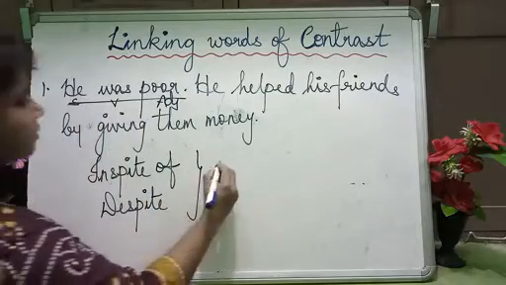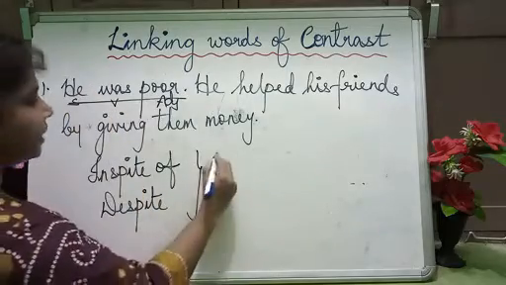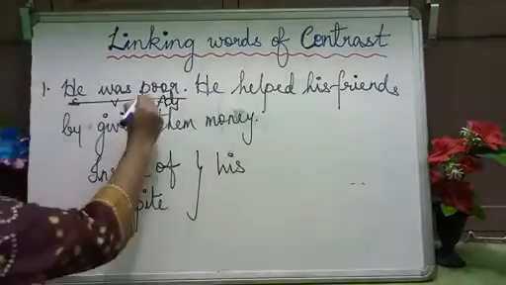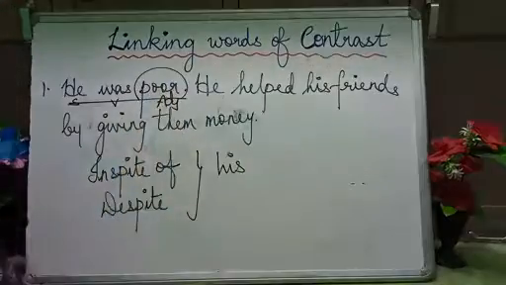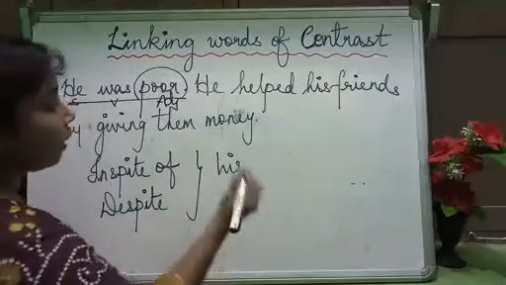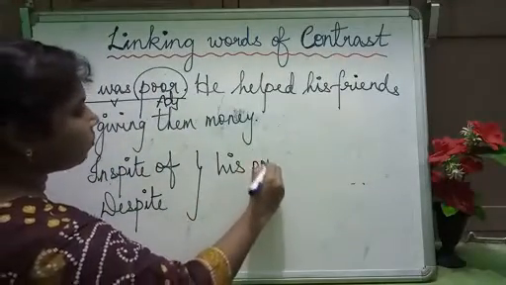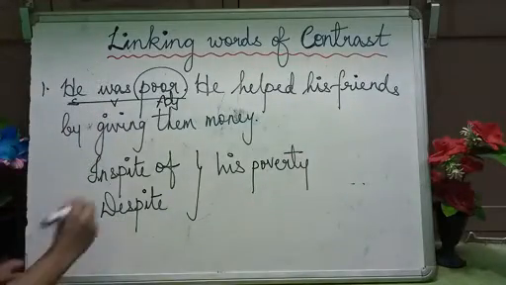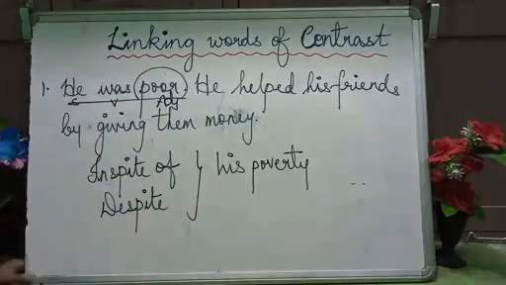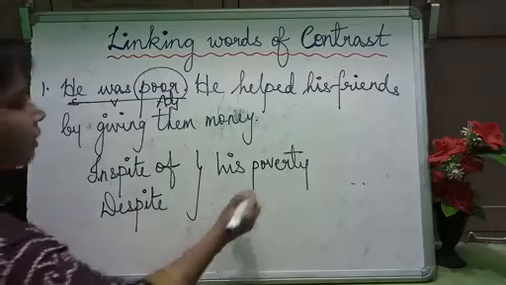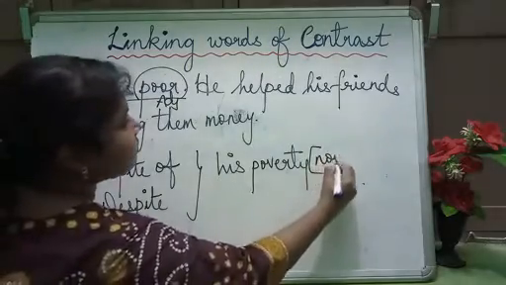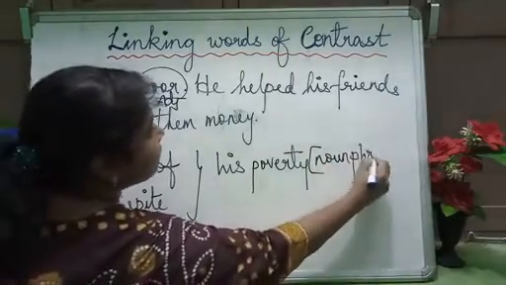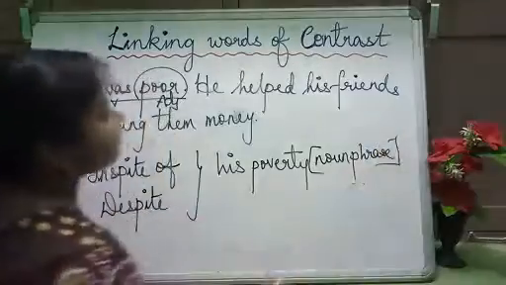He was poor means you will write that he will change into his. And this adjective poor will change into an abstract noun. It will change into poverty. So in spite of his poverty, like that you will write. Okay. This is noun phrase.